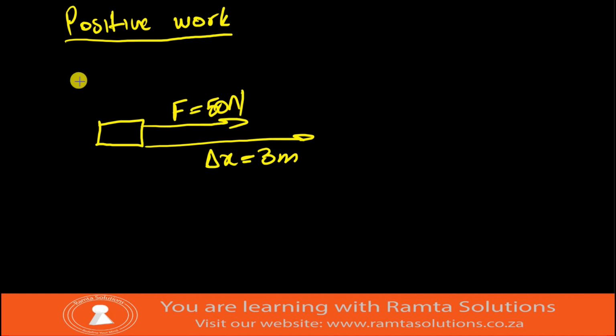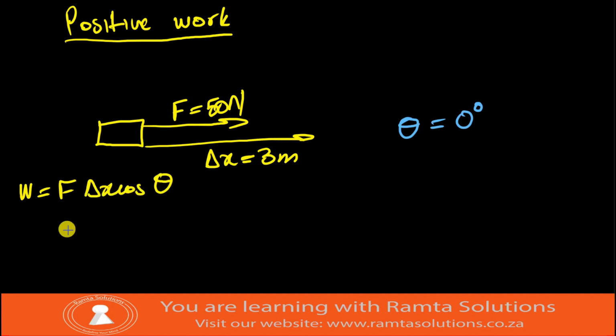You agree with me that in the last example we said the angle is 0 degrees, because the force doing work on the object is in the same direction as the displacement. So generally, we can say W equals F delta X cos theta.